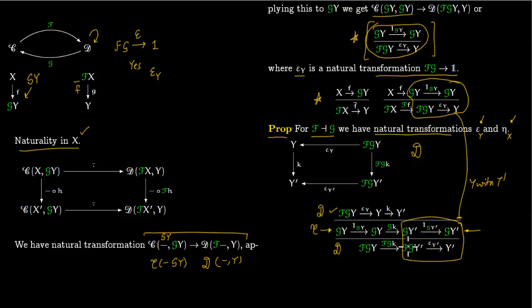But instead of G, now you have FG, and instead of GY, you have to have FGY, because you have to put a functor F here to land in category D. Just like from here, when you were in category D, to land in category C you had to put functor G, and you had no choice because you had already put a functor G. Similarly, you have no choice: once you have put a functor F here, from here you put a functor F here.